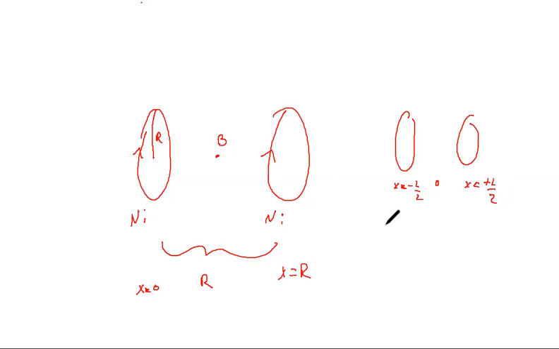So, Brian, I think what I would say is if you take my formula, replace L with R, and then everywhere I have X, replace it with X minus R over 2.